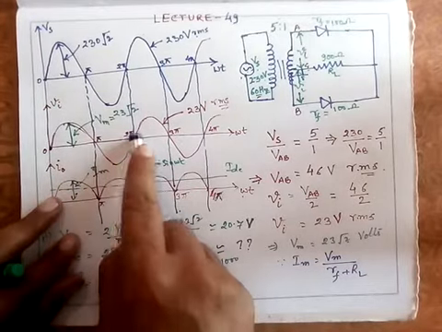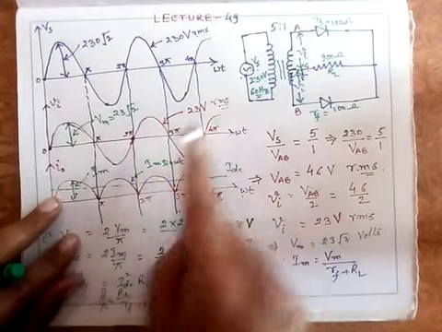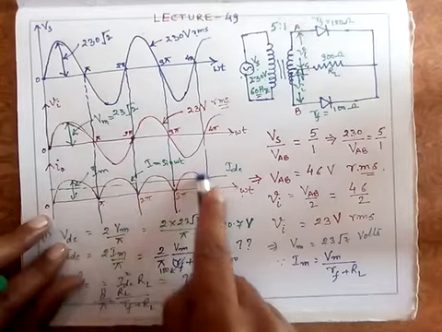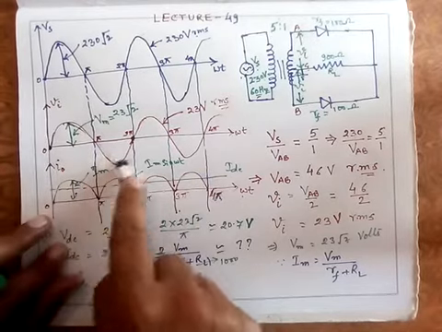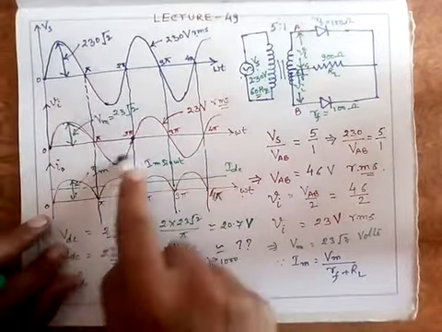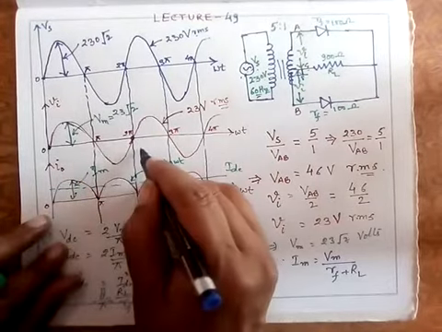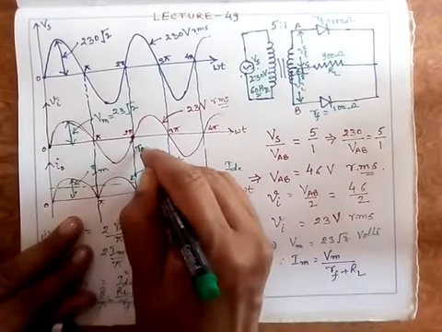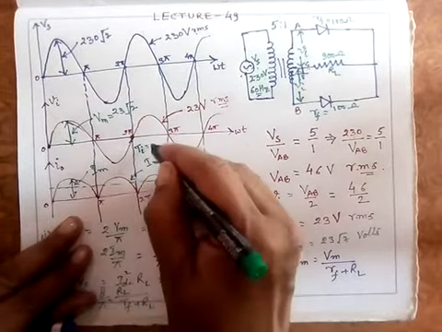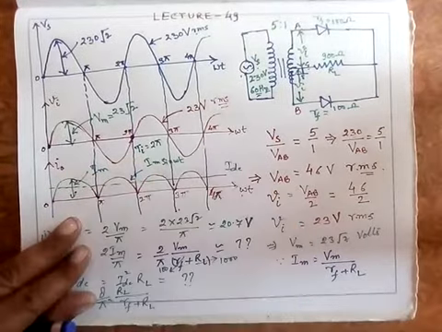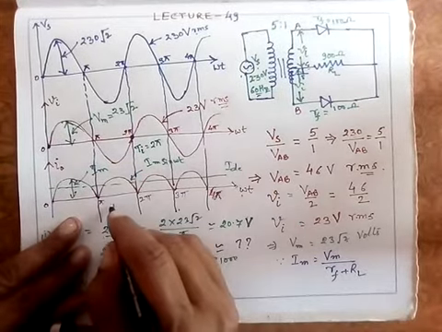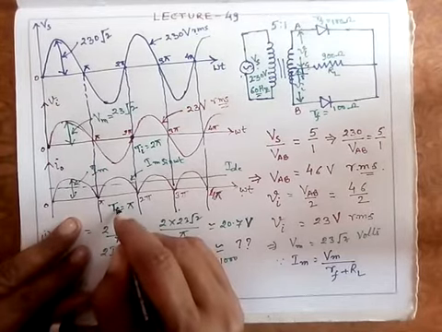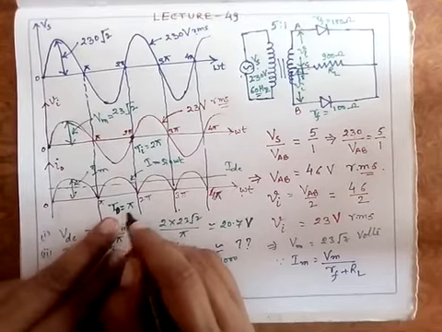So the time period of the input signal is 2 pi. On the other hand, the time period of this output signal is pi. Suppose I represent the input time period by Ti and the output time period by TO for output, it is pi.